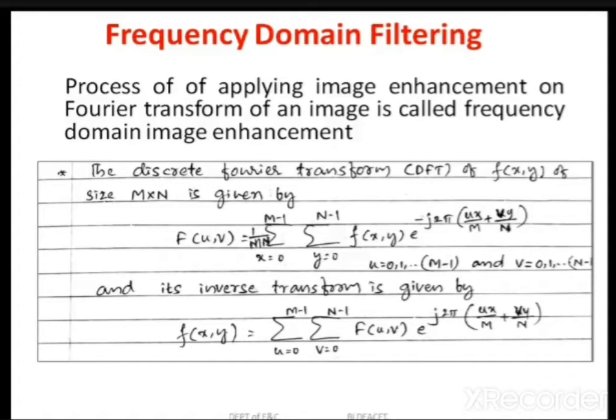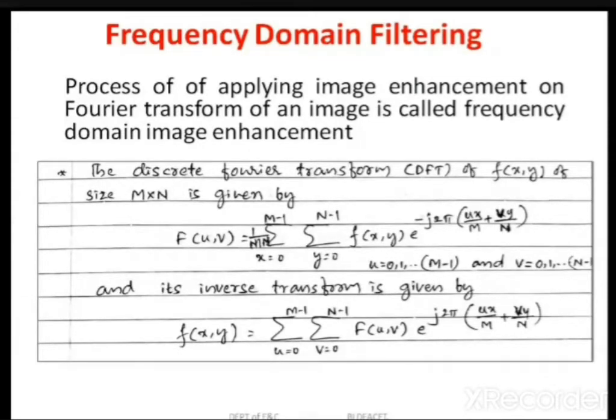Actually, frequency domain filtering means here we are going to apply the image enhancement techniques after getting the Fourier transform of the image. Please try to understand, basically, an image can be treated something like a discrete signal. It is a two-dimensional signal with some discrete values.